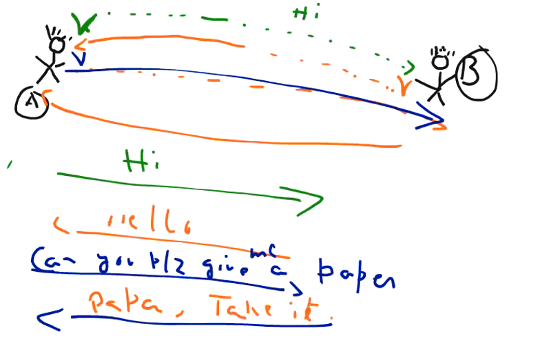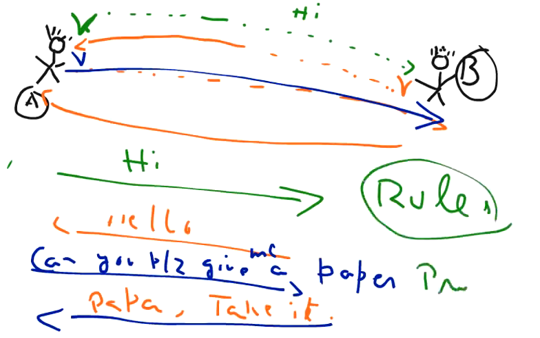So friends, as you have seen that these two persons, they are communicating with each other, and they are following some rules, that is, they are following some protocols to communicate with each other. And we can consider person A as a client and person B as a server.